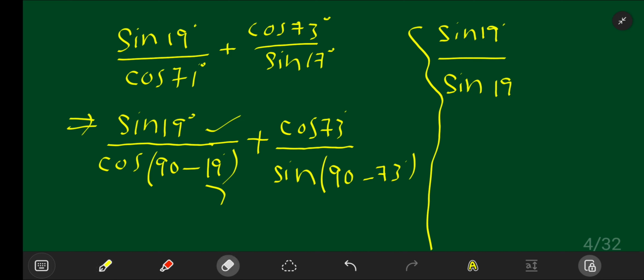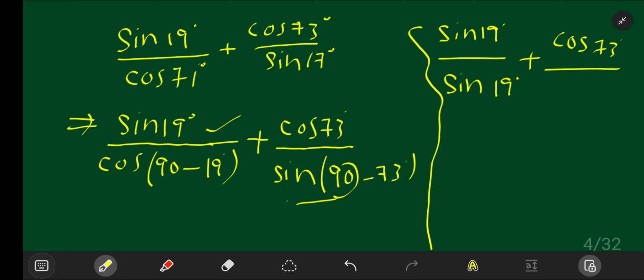So sin 19 degrees is positive, plus cos 73 degrees divided by sin 90 plus theta.